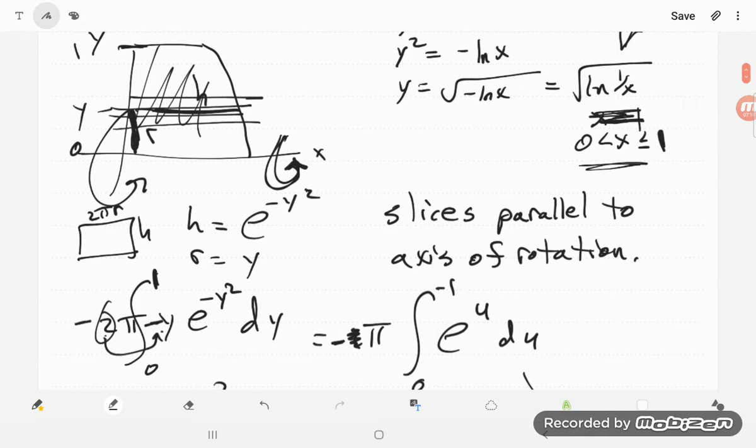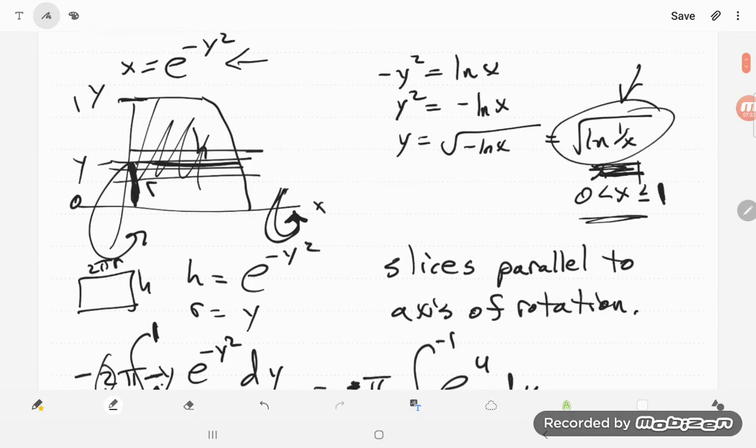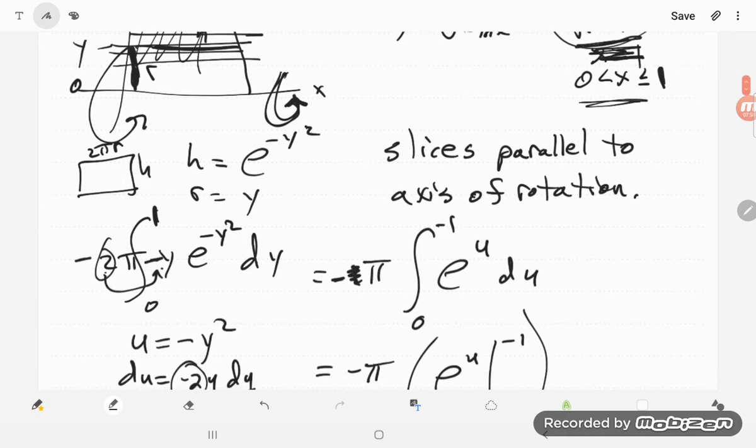Again, I could have just used the disk method with this other function here. Now that might have been pretty ugly trying to get the antiderivative of that. And so that also shows why one method may be preferred to another at any given point in time, because here I'm not sure I would have been able to do the resulting antiderivative, but when I did the inverse, x in terms of y, and went to the shell method, of course they set it up this way, but it worked.